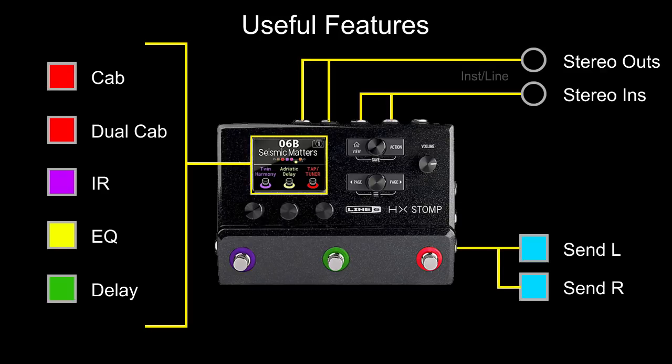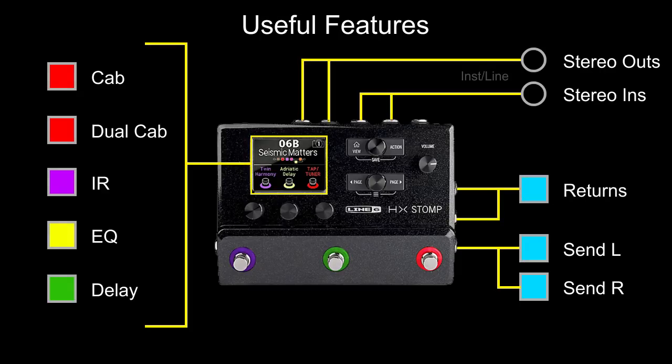A common feature in a lot of cab sim devices is a through output, normally used to send the preamp signal out to a guitar power amp and speaker that you can have on stage. The HX Stomp gives you 2 mono or 1 stereo aux output. The biggest power behind these is that you can place them anywhere in the internal signal routing, so it's extremely flexible the number of ways you can use these outputs.